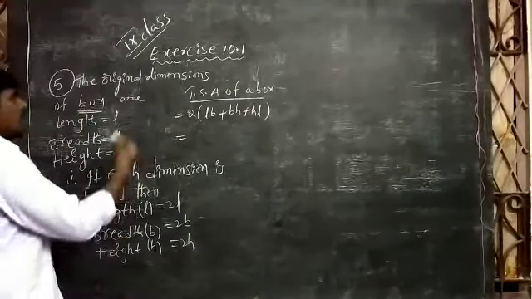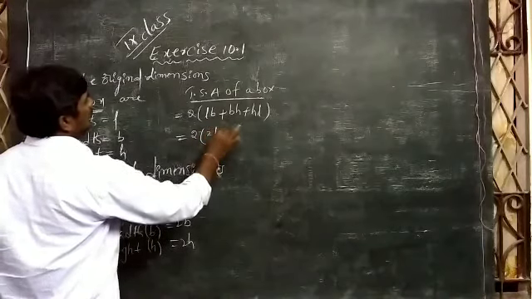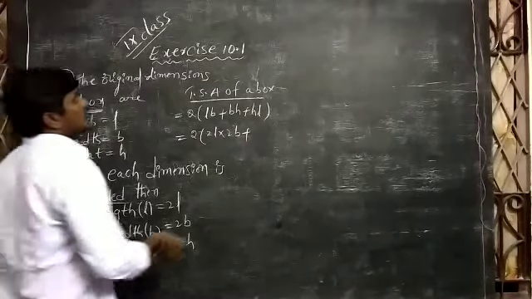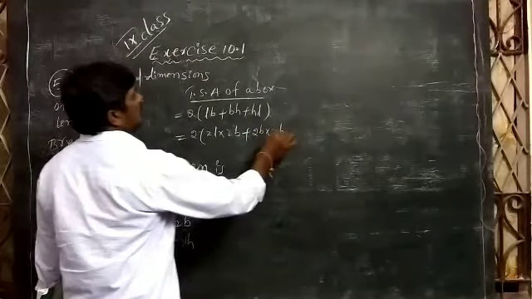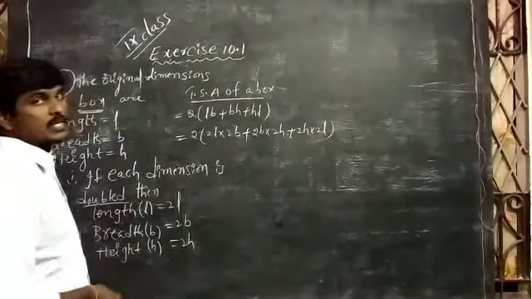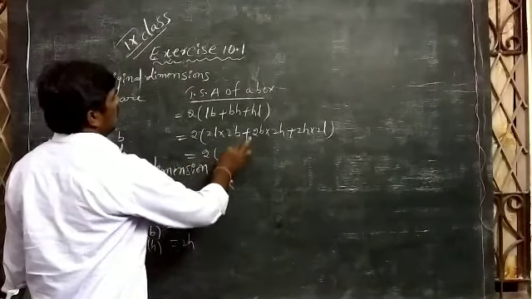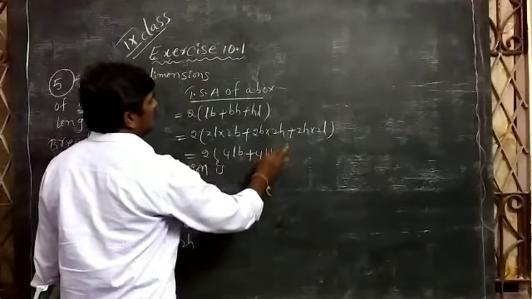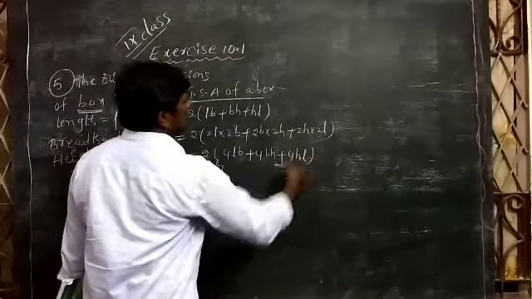Now according to this condition, we have to change the dimensions. 2 into, in place of L we write 2L, in place of B we write 2B, according to the first condition, the double condition. Next 2B into 2H plus 2H into 2L. Okay students, and then 2 twos are 4 LB plus 2 twos are 4 BH plus 2 twos are 4 HL.